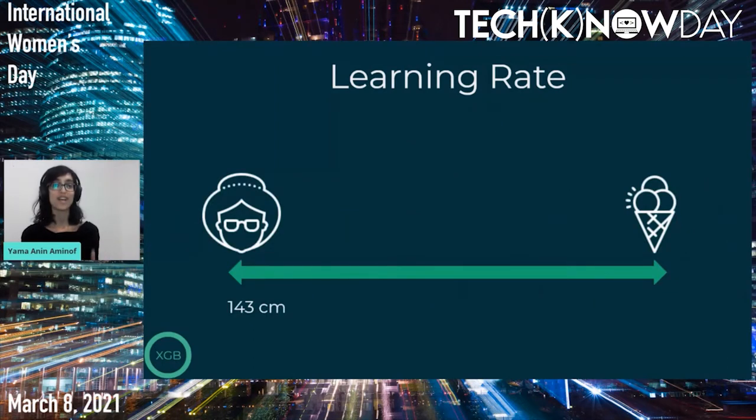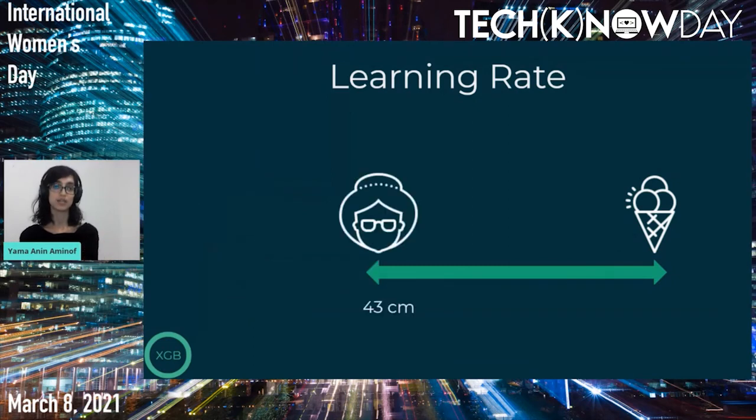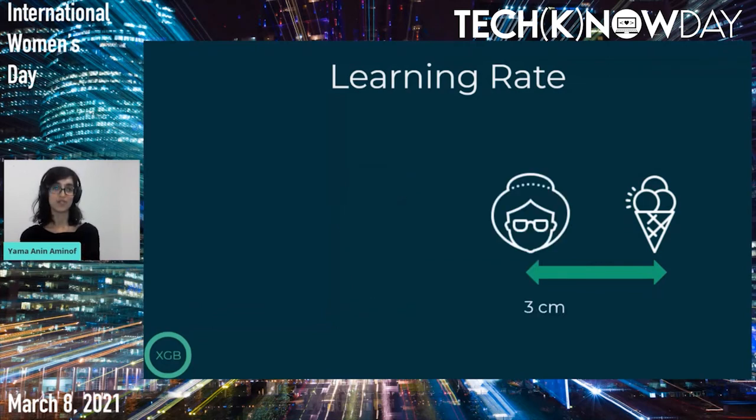For example, if there's ice cream 1 meter and 43 centimeters away from me, and my step size is 1 meter long, the closest I can get to the ice cream is 43 centimeters away, after taking one step. But if my step size is 10 centimeters long, I can take 14 steps and get 3 centimeters away from the ice cream.